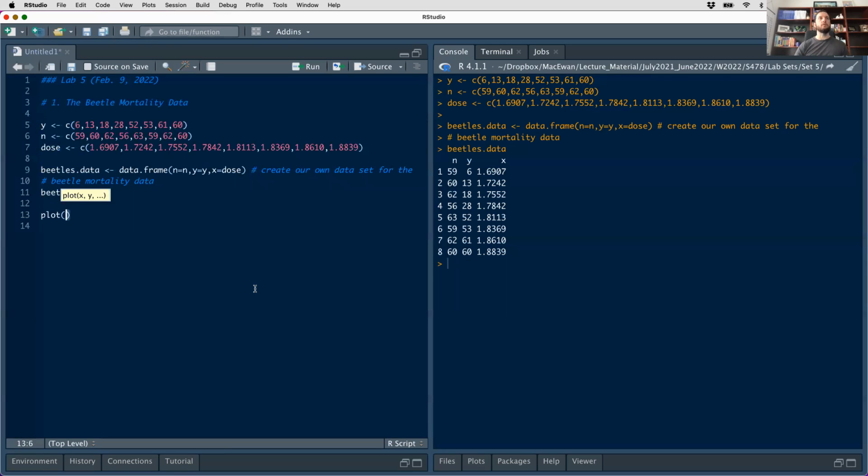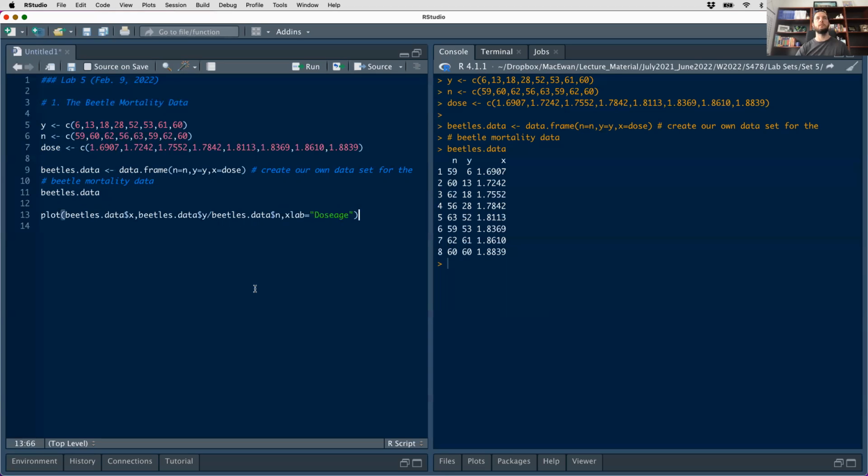R will know what those vectors are, so it can pull that information directly. All right, we can also visualize this data like we did in the lecture set. So what I'm going to do here is create a scatter plot that plots the dosage level on the x-axis and the proportion of deaths on the y-axis. So I'm going to use the data frame commands just to show how that would work. And now I'm just going to label the plot.